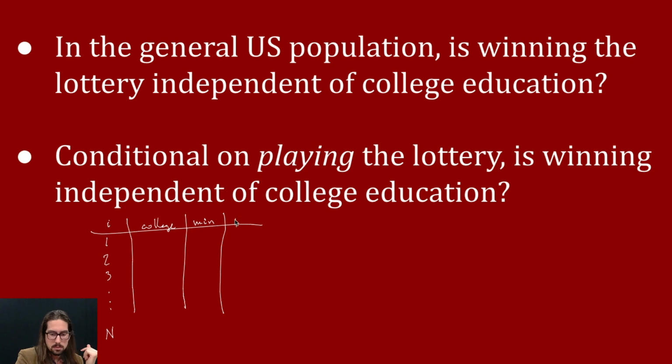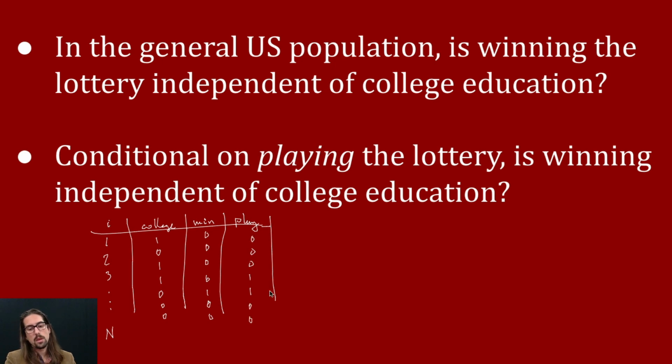And then you ask them, did you play the lottery? Okay, so we're going to look at this last column last, but let's say that these are going to be mainly zeros, right? This is a very rare event. And then here, something like this. So this is the table you have to imagine.